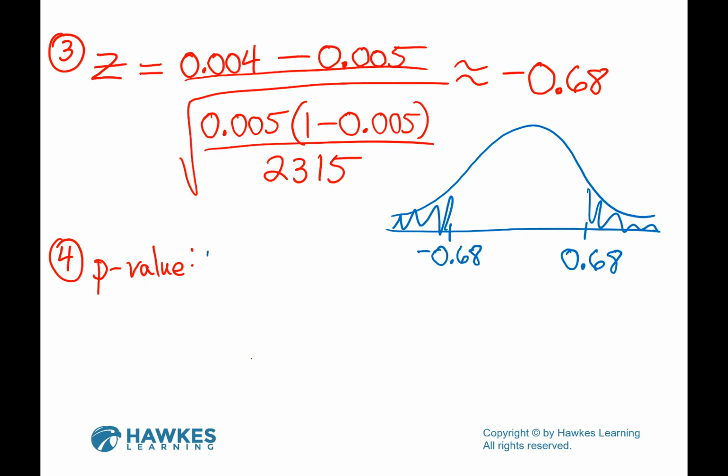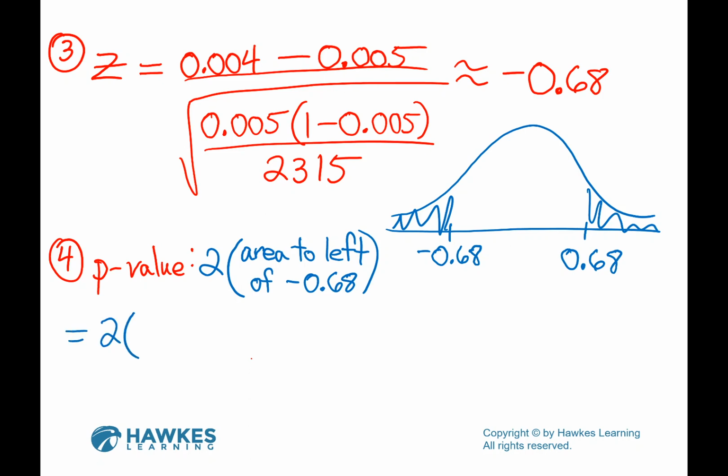So the short way to get to that answer is we can do 2 times the area to the left of negative 0.68. So that'll be 2 times, what do we get there?